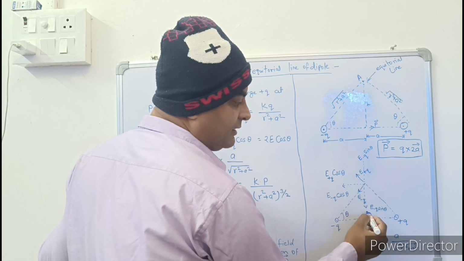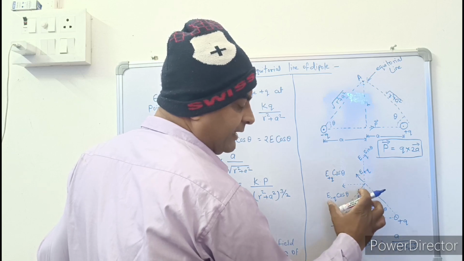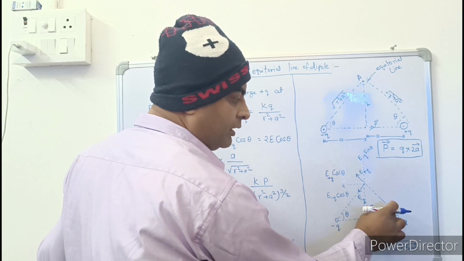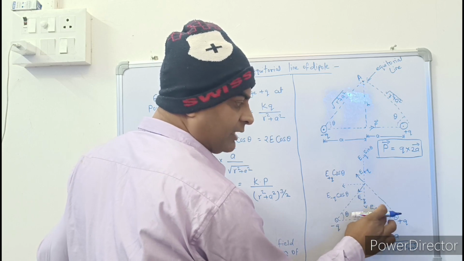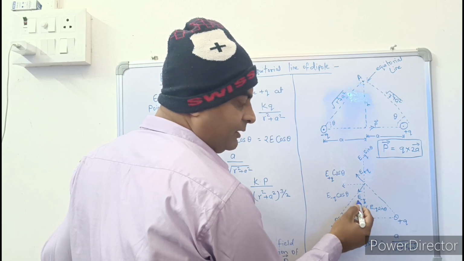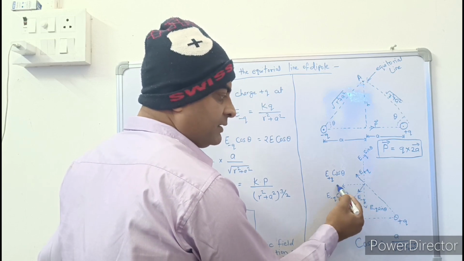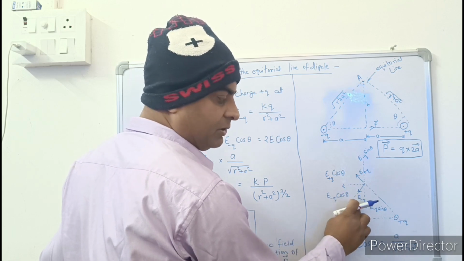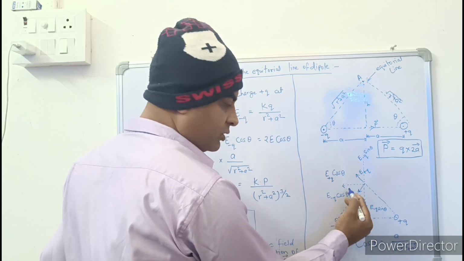If this is theta and this is a triangle, this is the length, this is the base, and this is the hypotenuse. So this component will be the sine component, E minus Q sine theta, and the other component for the electric field due to minus Q, along this axis, is E minus Q cos theta. For minus Q, this is the sine component and this is the cos component.